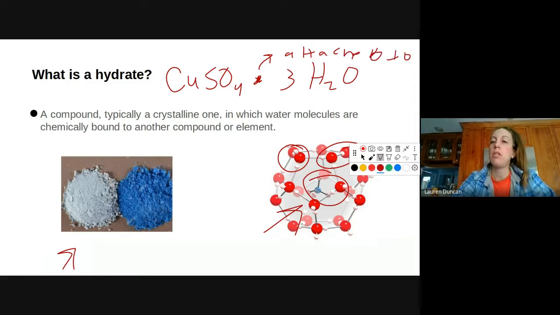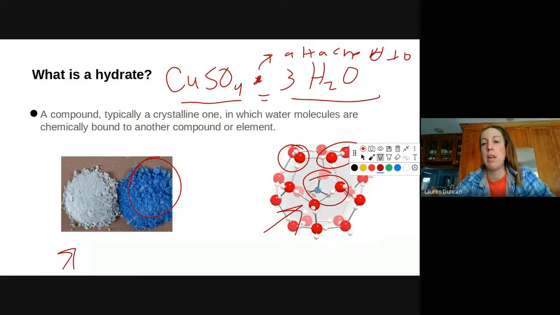So in the hydrated form of this substance, hydrated CuSO4, for every CuSO4 molecule, what this formula translates as is that attached to it are 3 water molecules.